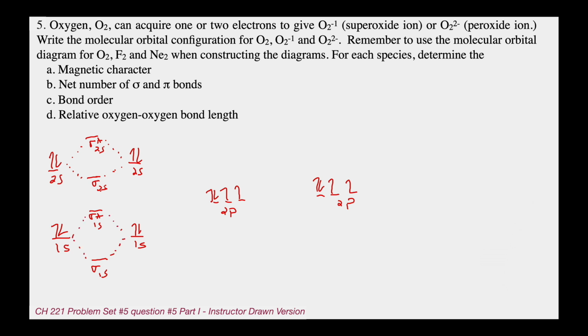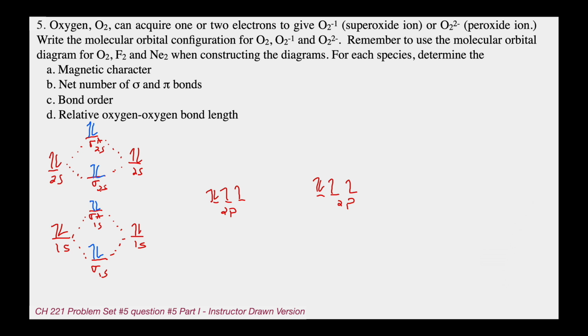Let's do this part first. So using blue for the electrons. The 1s electrons, there's 4 of them. The first 2 go in the sigma 1s, and the next 2 go in the sigma star 1s. Then the 2s electrons, the first ones go in sigma 2s, and then the last 2 go in the sigma star 2s.